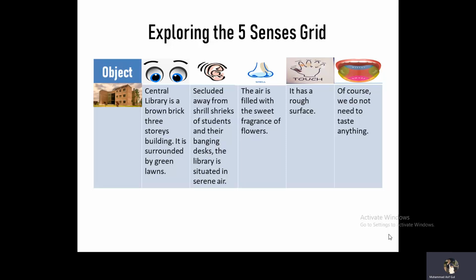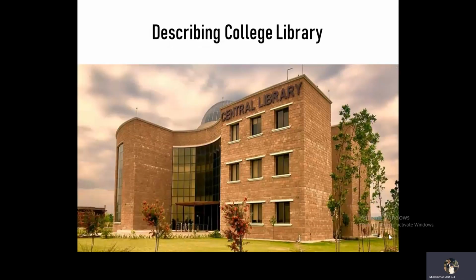We will move to our sense of smell, that is, how do we describe the outside of the library by using our sense of smell. We can see the flowers here, so the flowers might be giving fragrance. So let's see how we have described the outside of our library by using our sense of smell.